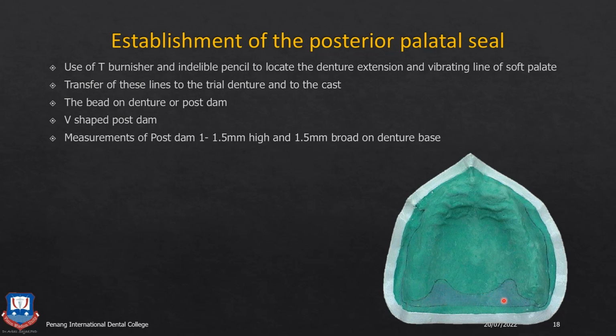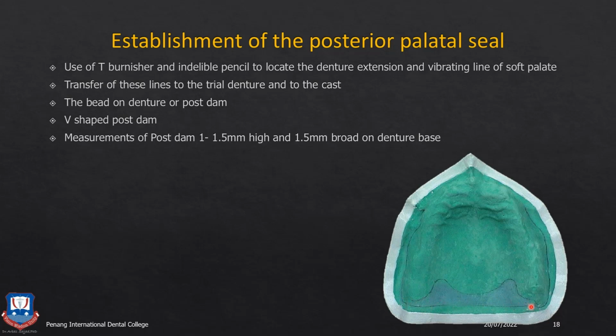They are marked on the impression, and this is transferred to the final master cast. And what many do is scrape this area to a depth of about 0.5 to 1 mm, from the pterygomandibular notch on one side to the other side.